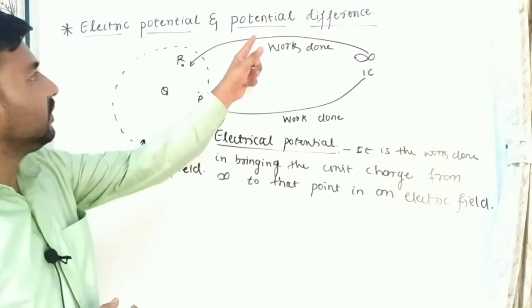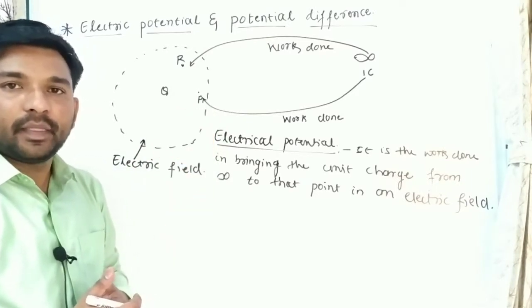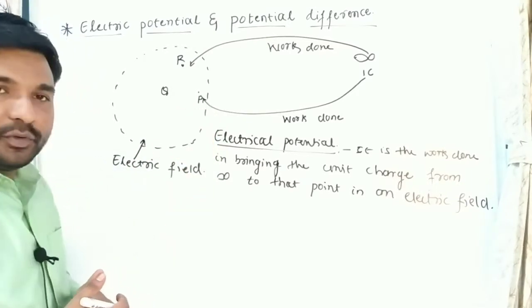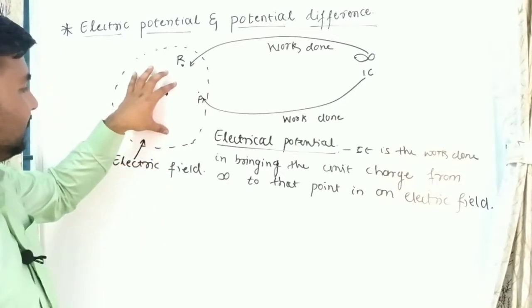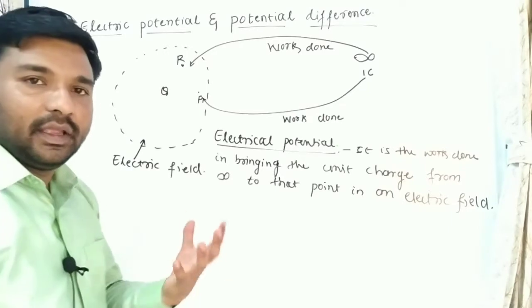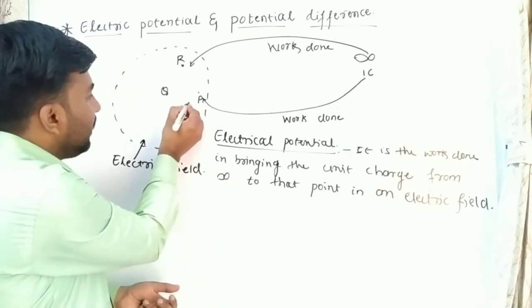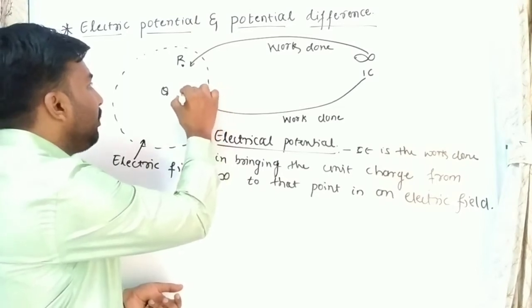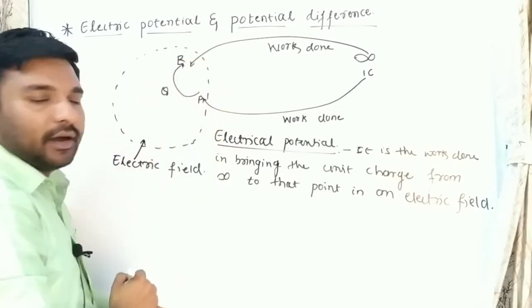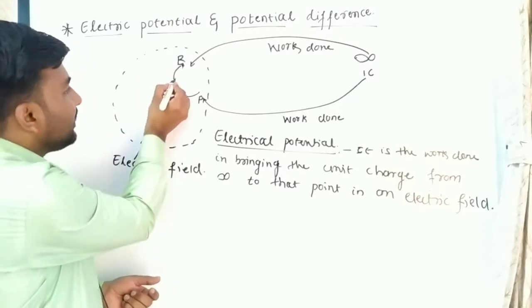Now we have one more term, potential difference. Suppose this is the electric field. If I want to move the unit charge from point P to point R, in this case also work is done.